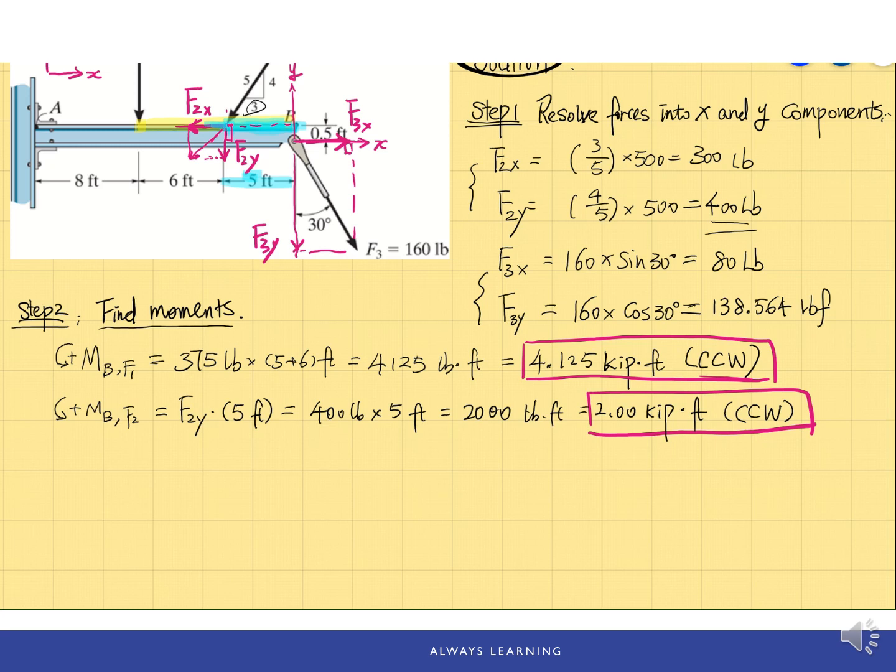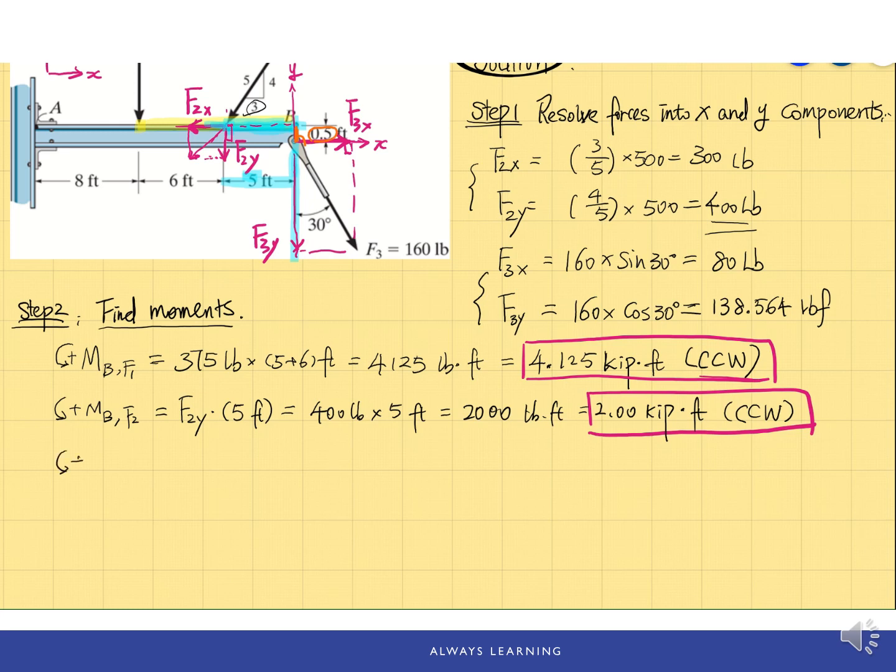For force F3, if you take a look at the force F3y, it also passes through point B. Therefore, force F3y doesn't have any moment, or the moment about point B will be 0. So we only need to consider F3x, and the perpendicular distance from F3x to point B is given here, which is 0.5 feet.